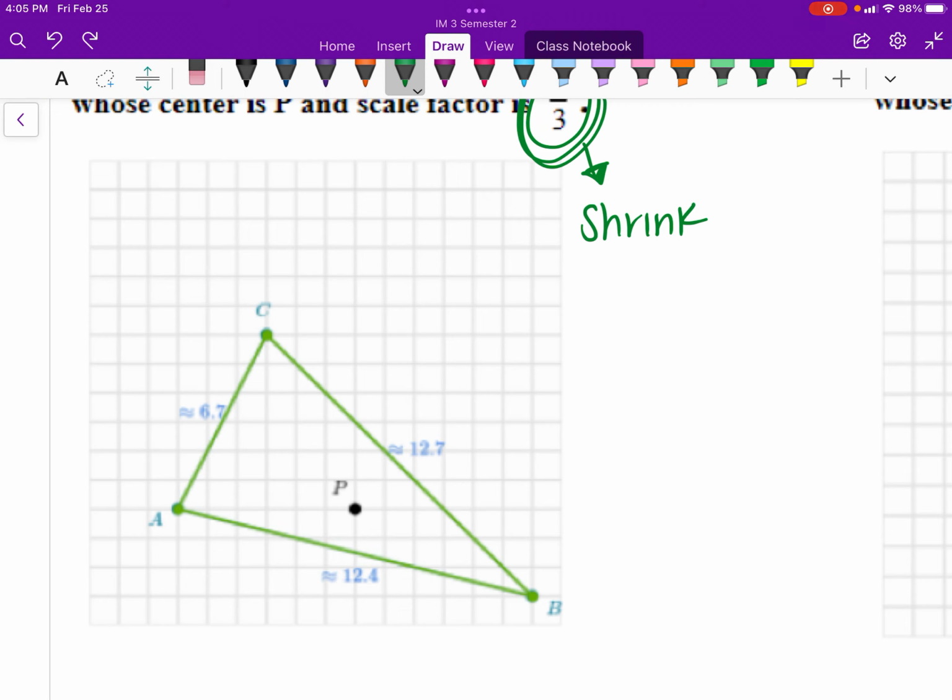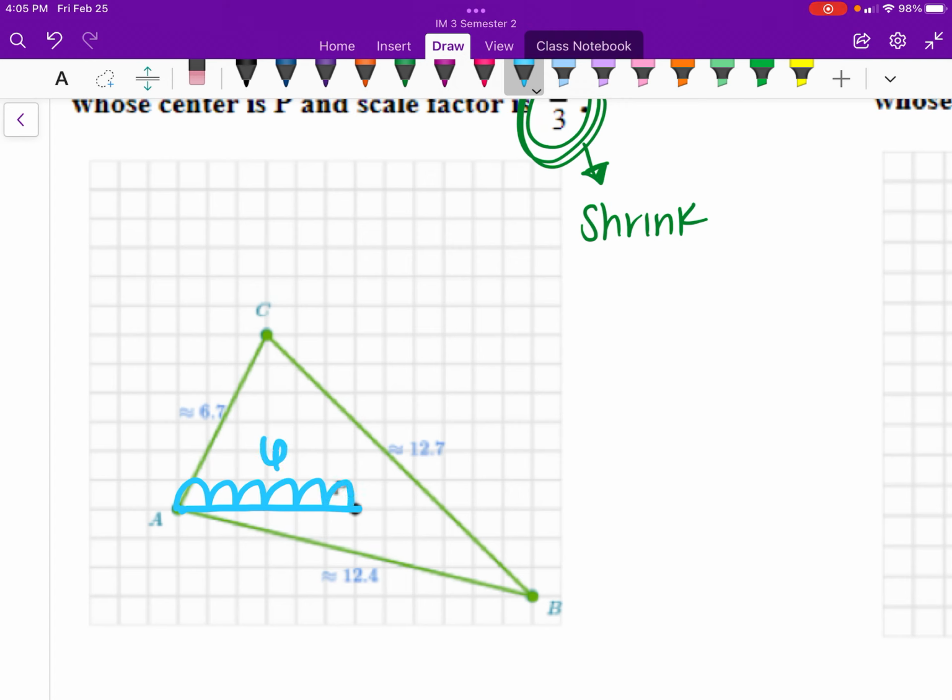Let me start first with A. I want to determine the distance from A to P, and the distance is 1, 2, 3, 4, 5, and 6. It's 6.